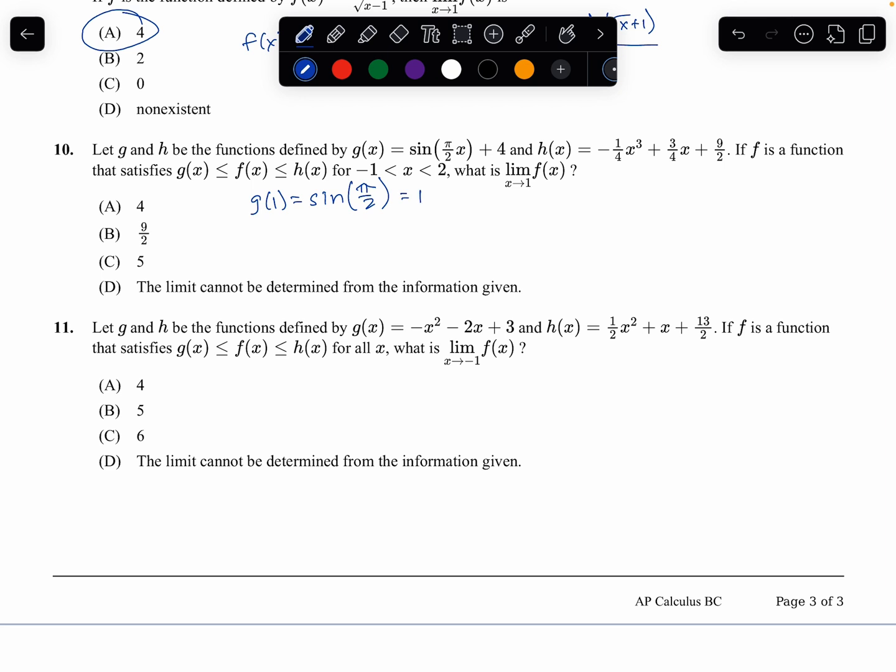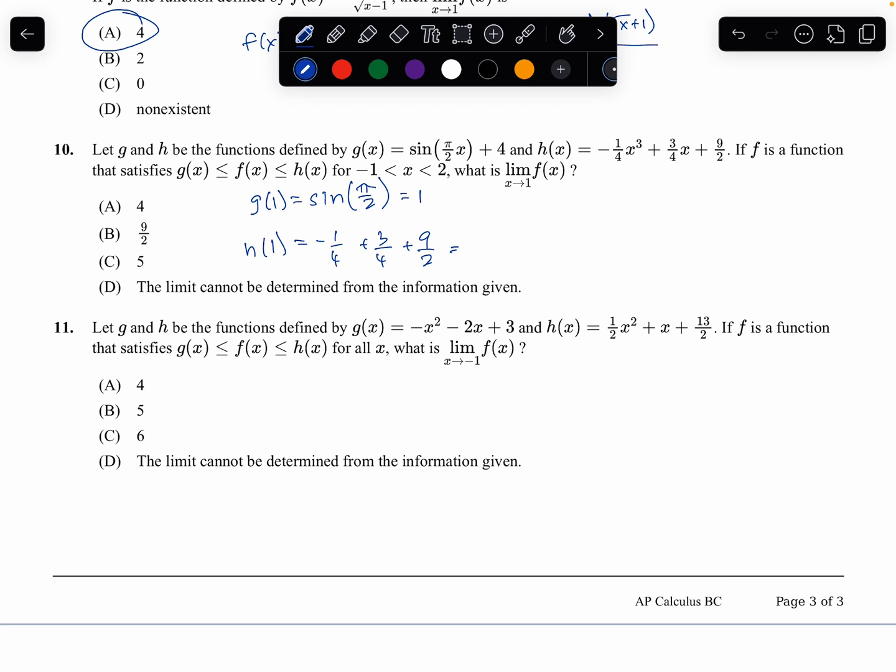Okay, let's also do that for h of 1. So what's h of 1? Basically we're just evaluating the limit through substitution. So if I plug in 1 right here, I get negative 1/4, I get plus 3/4, plus 9/2.